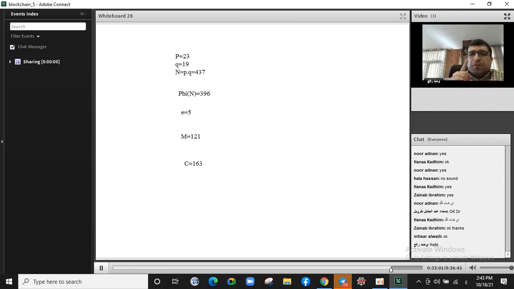As I said, we must choose the private key D in a way that D multiplied by E is equal to 1 mod totient of N. If we choose D as 317, then 317 multiplied by 5 is equal to 1 mod 396.